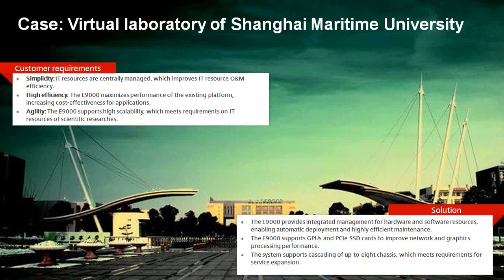The next example, and our final example, is the E9000 combined with GPU and PCIe SSD cards to improve network graphics and processing performance in a research laboratory at Shanghai Maritime University.